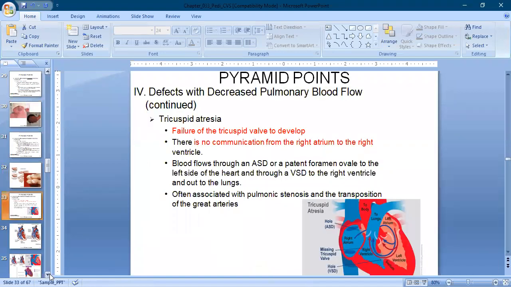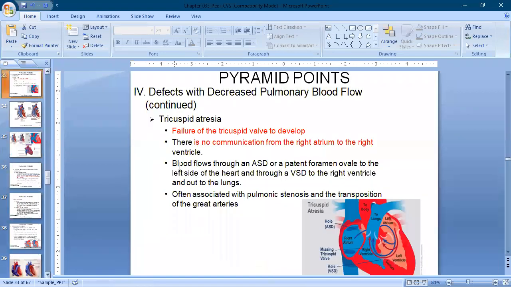And what is next here? Another important problem, let me share with you: tricuspid atresia. Tricuspid atresia also decreases pulmonary blood flow, right?